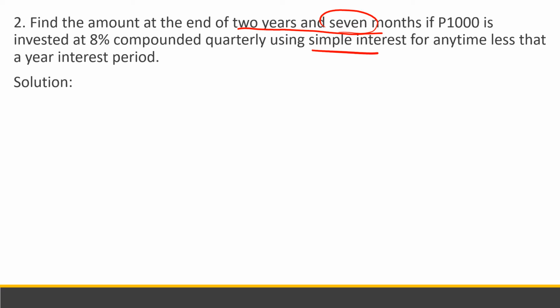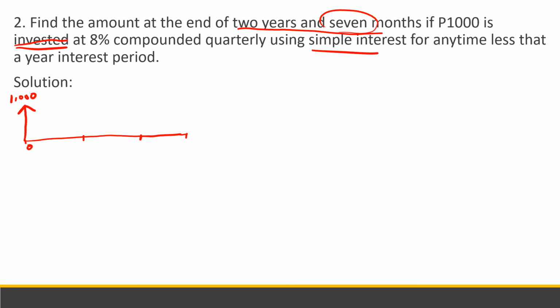So say meron tayong, this is for the 0 year, 1 year, 2 year, and 2 years and 7 months. So merong 0. So this is an investment. So meaning, with respect sa, if I am an investor, this is a cash out.